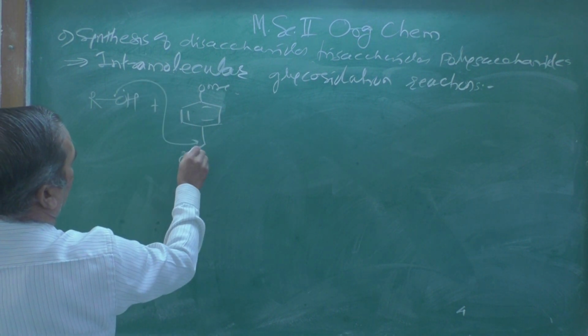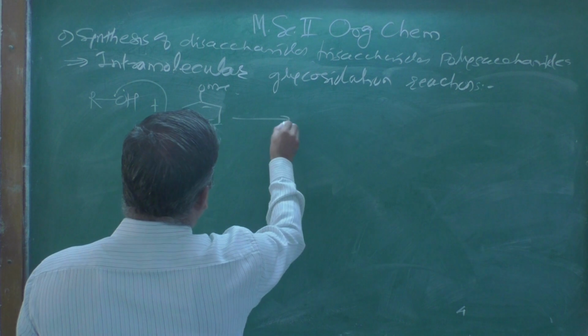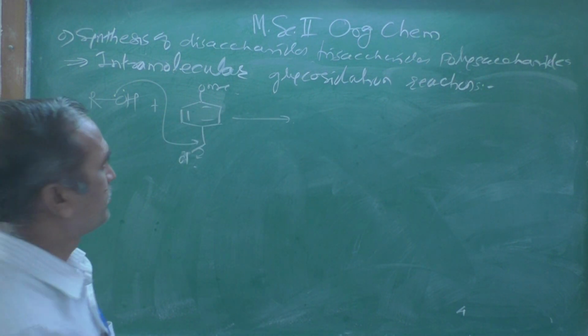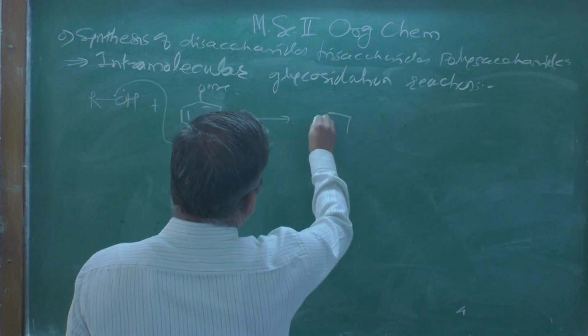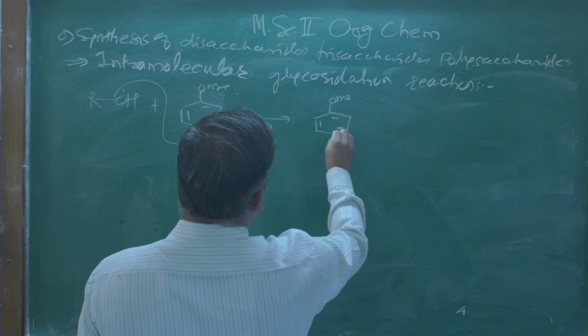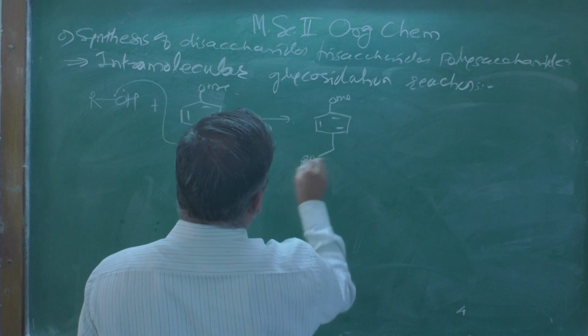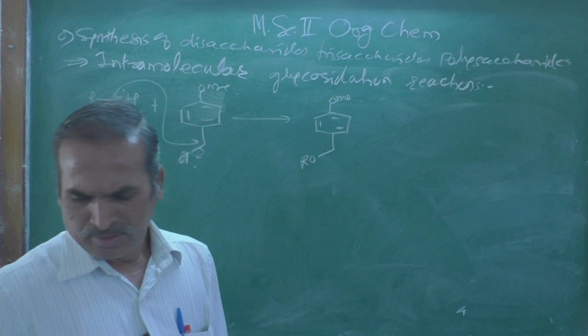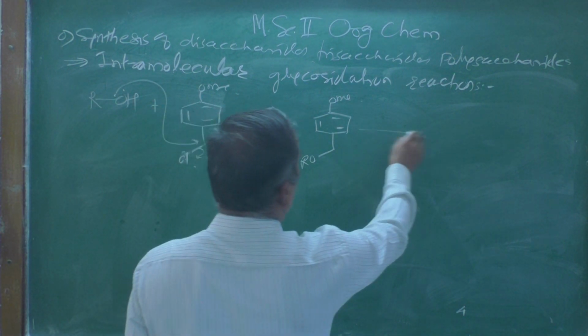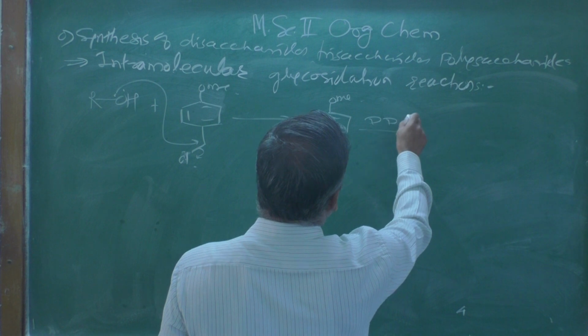The reaction is carried out as an SN2 type of reaction, and you will get the structure, this one, OMe, then here OR. Then this is further treated with DDQ.